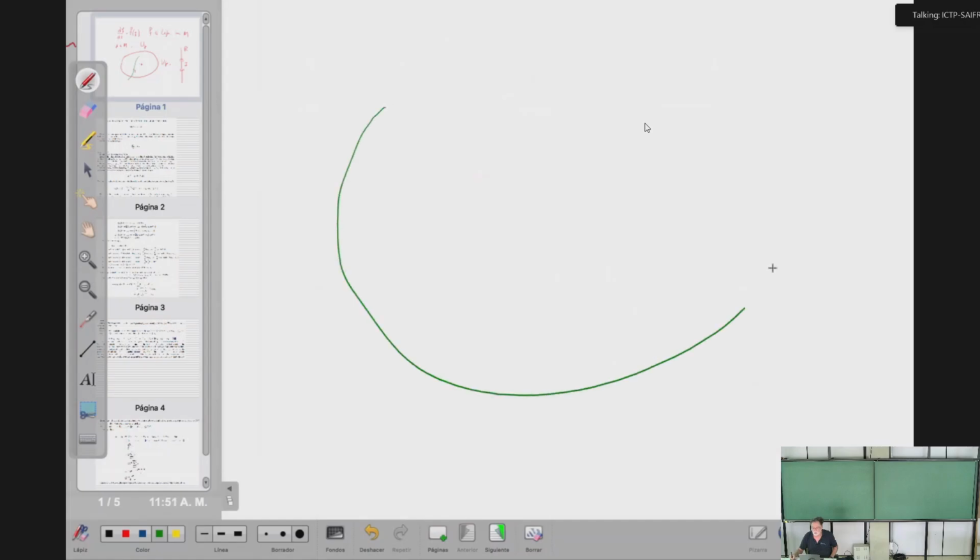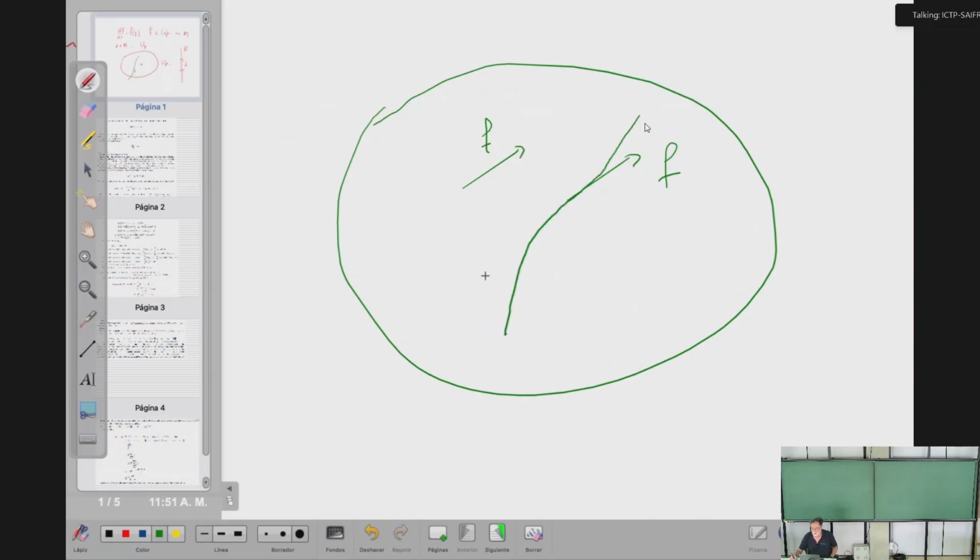So we have here a vector field F defined everywhere, and we are looking for curves that go through this point, say this curve.